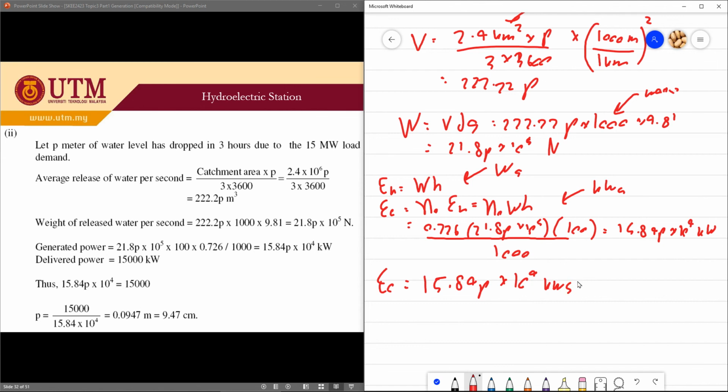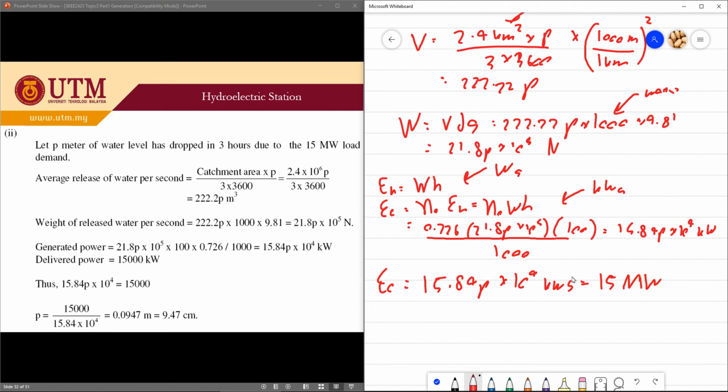Okay, so next, and then E_E also equals 15 megawatt.